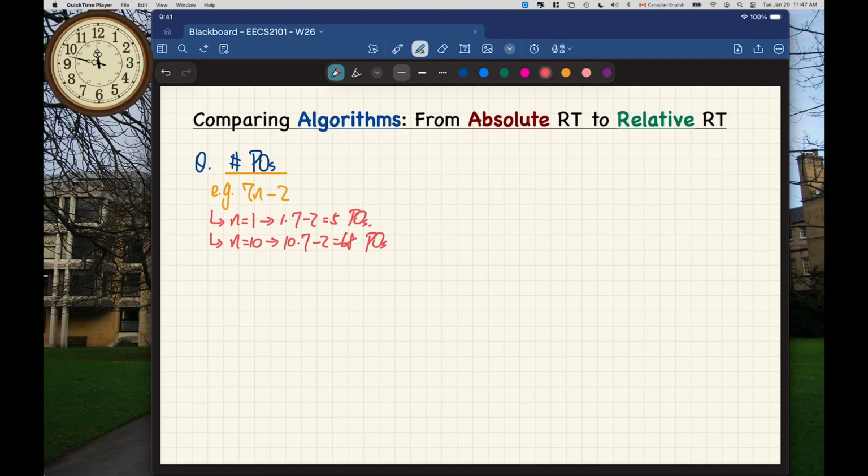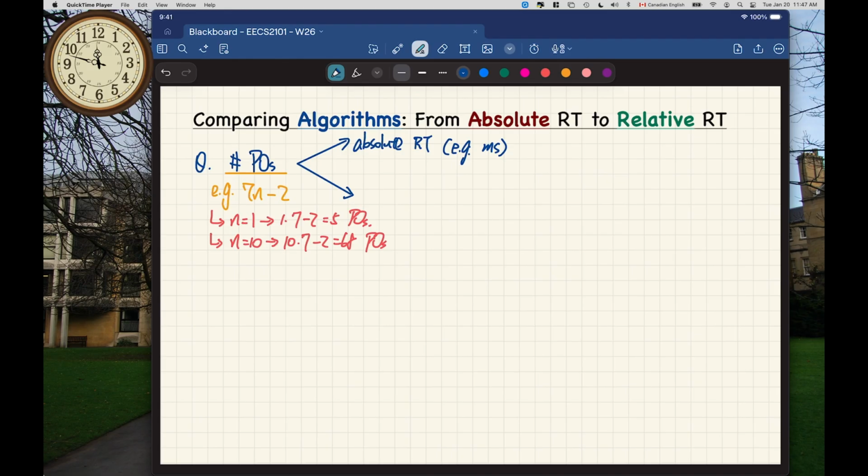Given this, how do we go from the number of primitive operations to analysis? We can take two possible routes. We can go to absolute running time, which we may measure in, say, milliseconds, or maybe something even smaller.